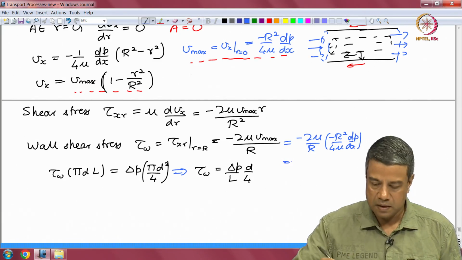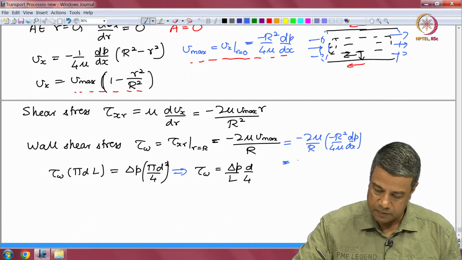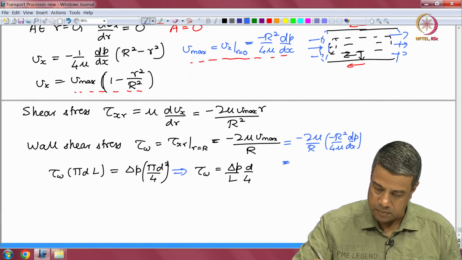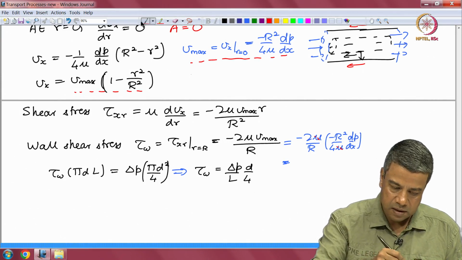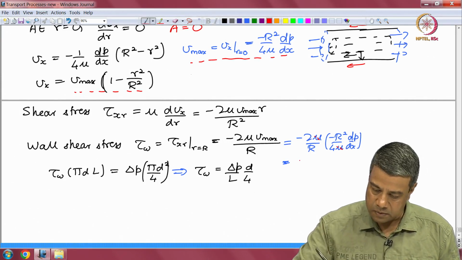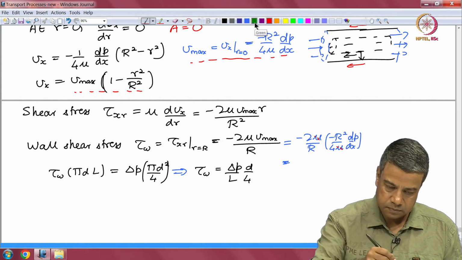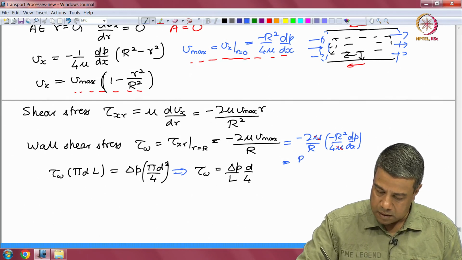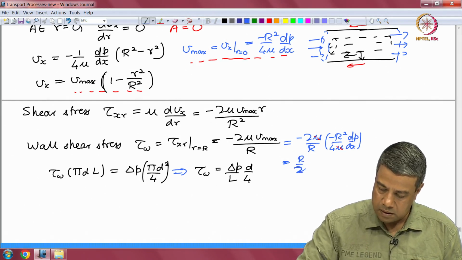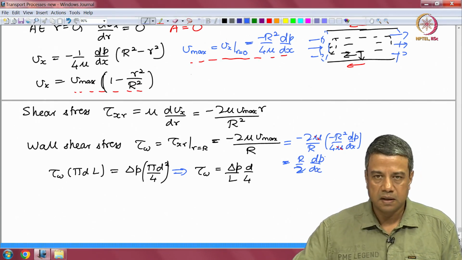So, this expression you can easily verify will be equal to, the viscosity will cancel out, and I will get this is equal to R by 2 dP by dx.